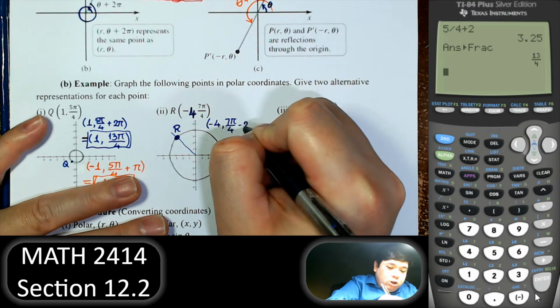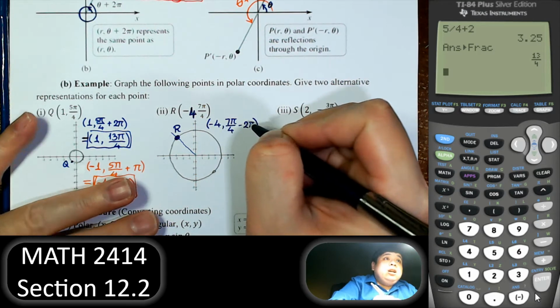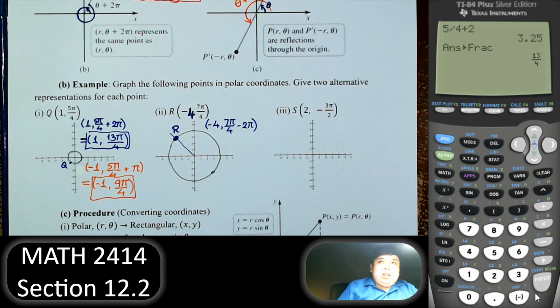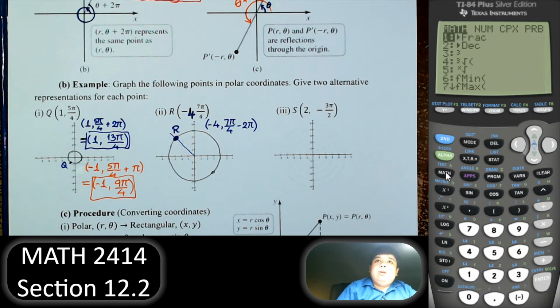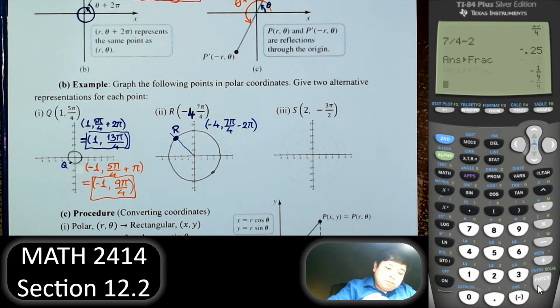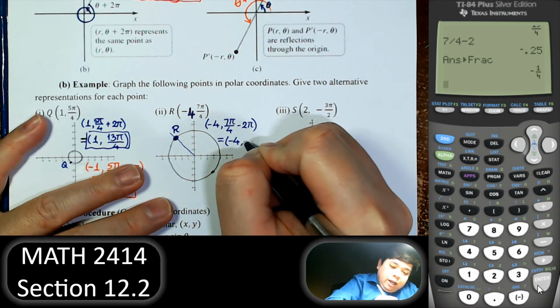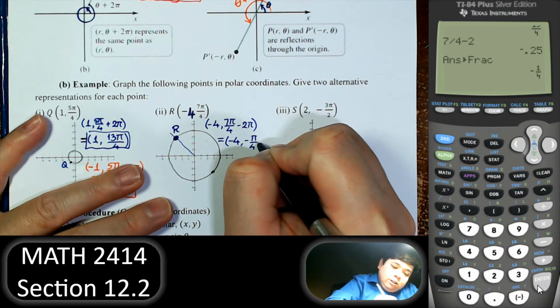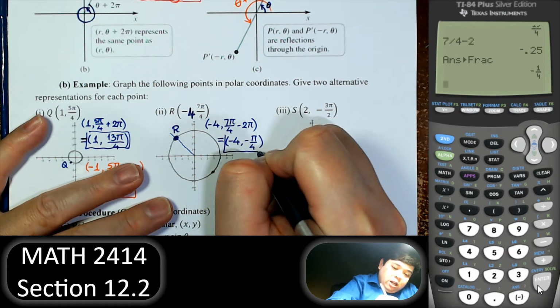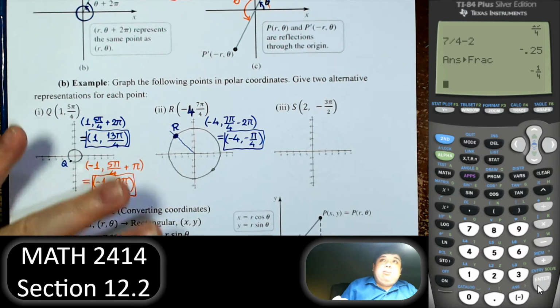Add 2 pi or subtract 2 pi, that certainly works. 7 over 4 minus 2 will be negative 1 over 4. So we have negative 4 and negative pi over 4. So that is one representation of the same point.